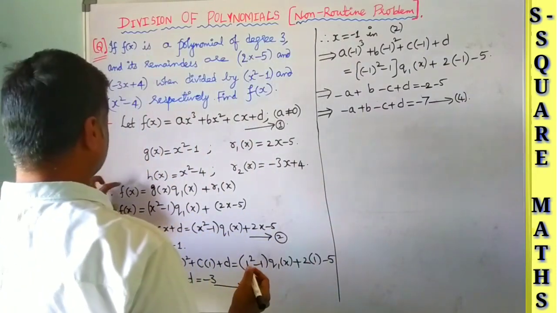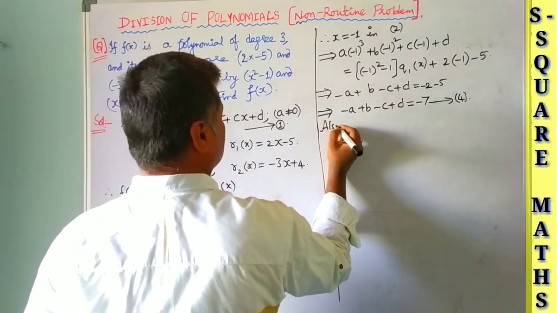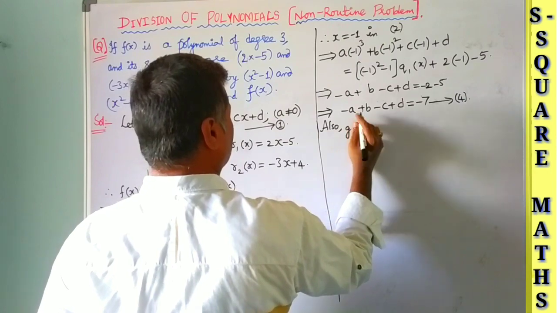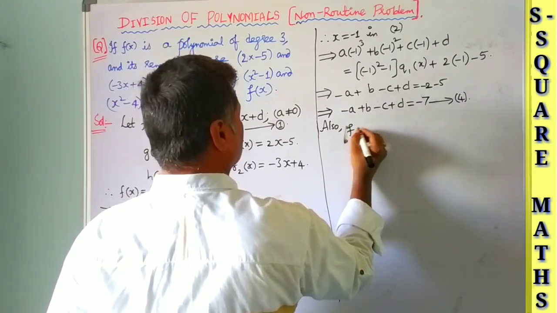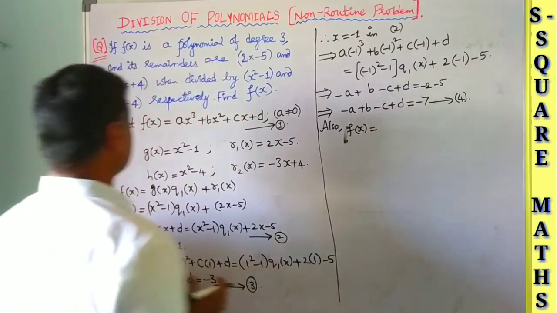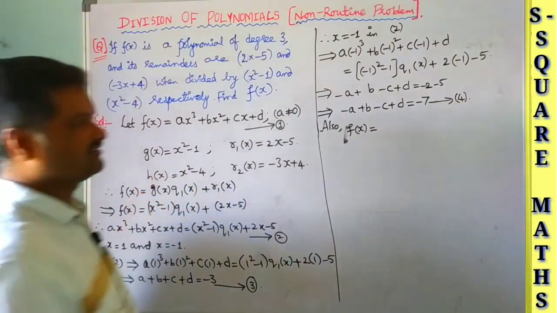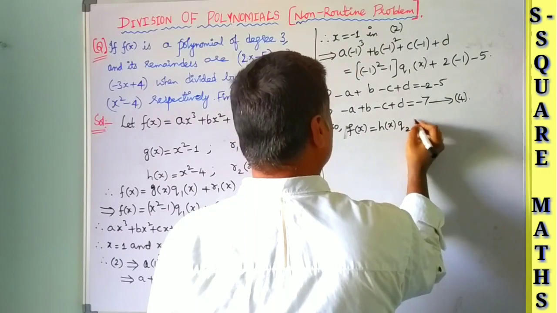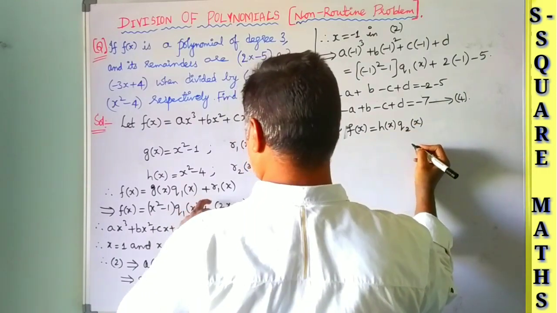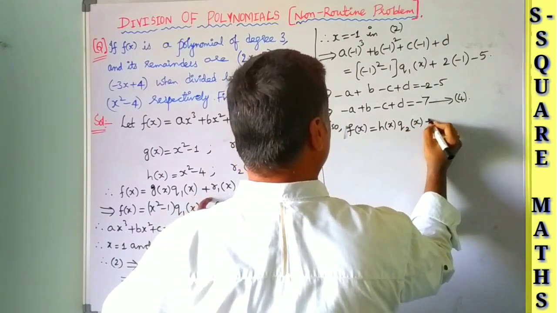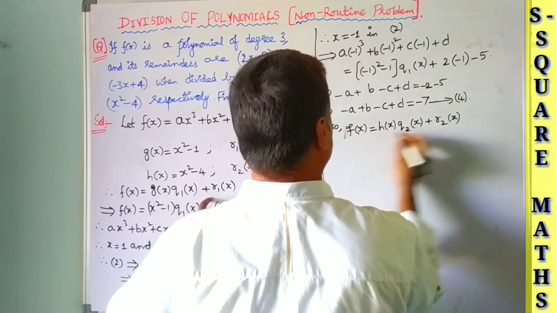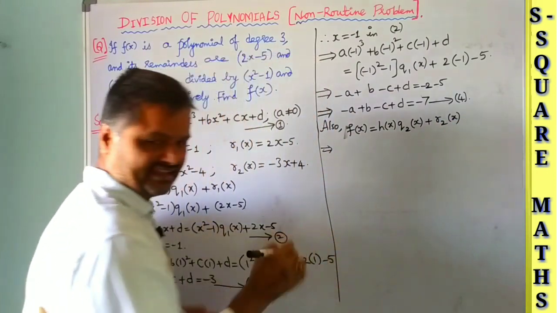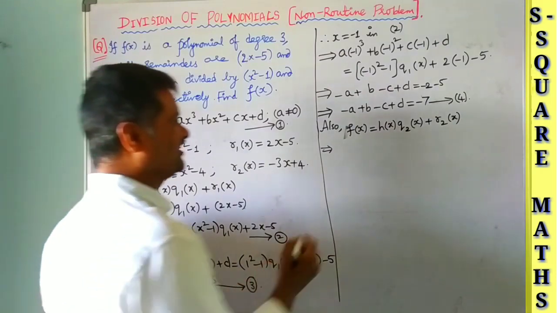So again you consider also our f of x is equal to, so what is our next one? h of x here. So h of x is our next divisor and q2 of x is our quotient and r2 of x is our remainder. So this implies I can write again our standard form f of x.